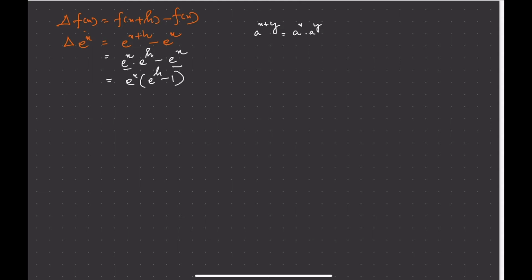Now you go for the forward difference of log of x. What is this? Log of x plus h minus log of x. Okay, we know the logarithm property: log of a minus log of b is nothing but log of a divided by b.